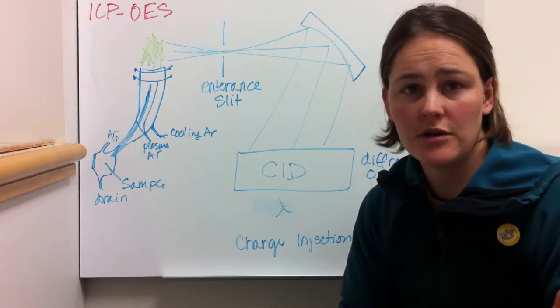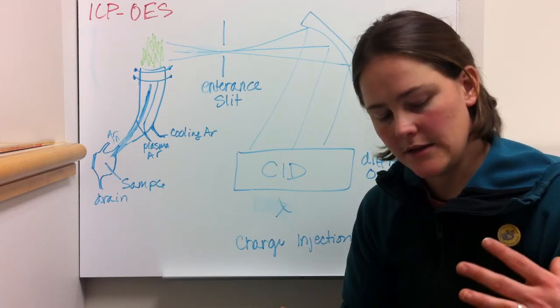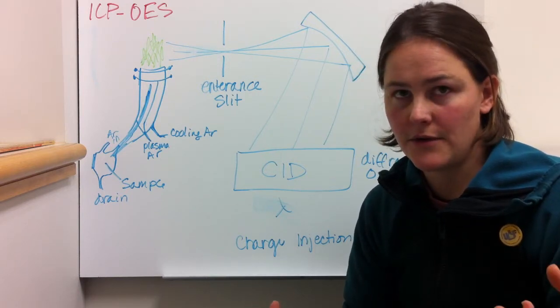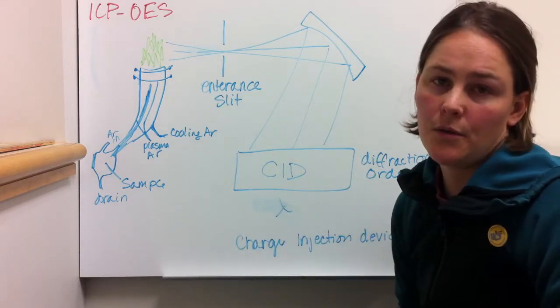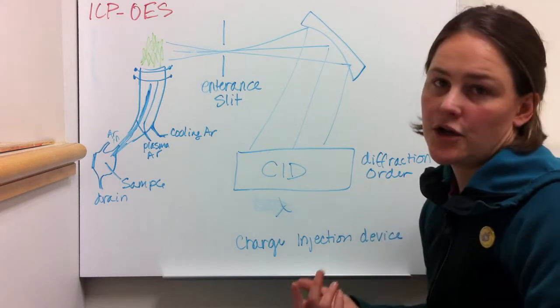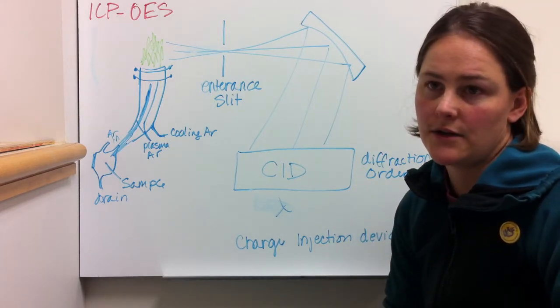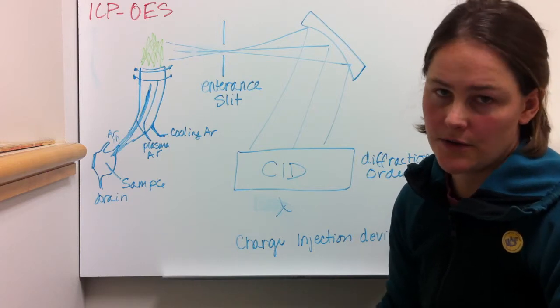It's 2-dimensional, and you collect data in sort of 3 dimensions. One dimension is wavelength, so that's how you know what emission line you're looking at. You can also have different diffraction orders.